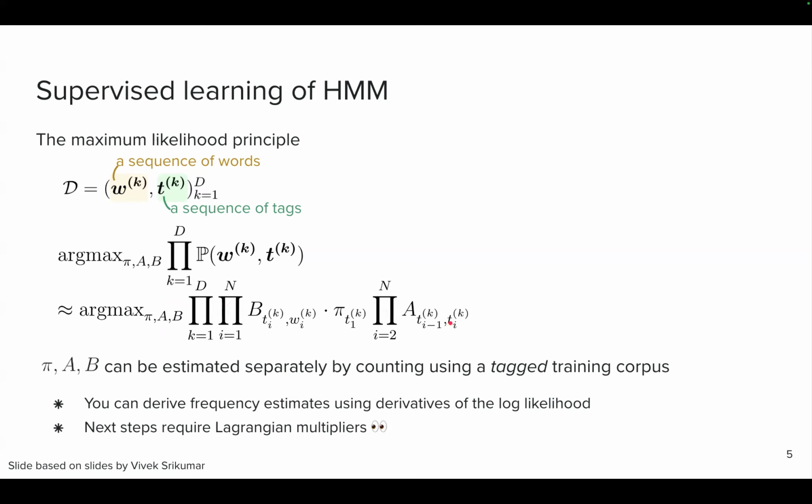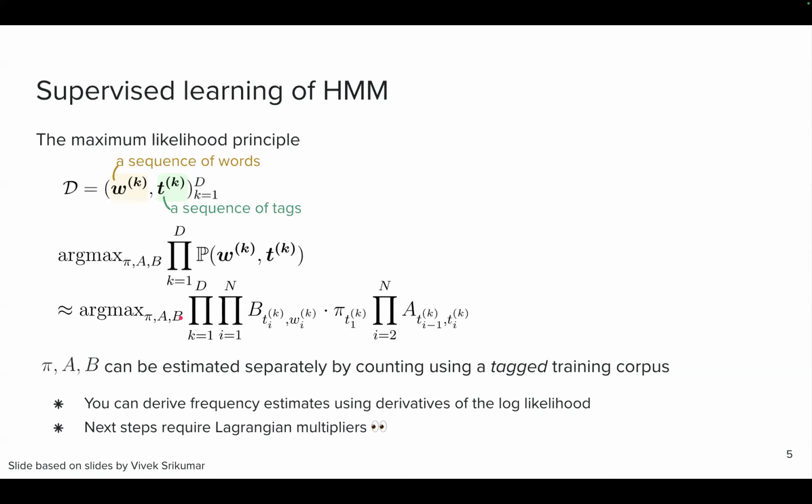this is a function, and we know that the extremum of a function can be found where the derivative of this function equals 0, right? So we would calculate the derivative of this whole term with respect to pi, A and B, giving us three different derivatives.